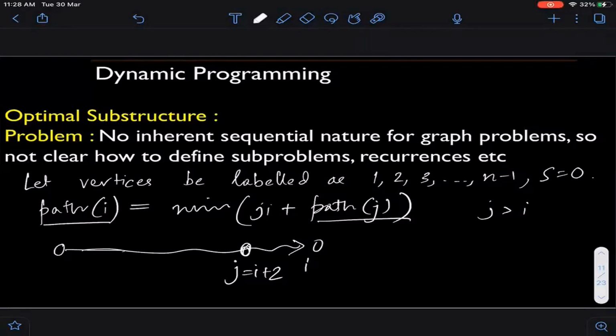So there was some monotonicity. The subproblem was decreasing. The indices were decreasing. But यहाँ तो it's all over the place because you have no way of knowing before what kind of vertices are there on the shortest path from S to I. So how are you even going to label the vertices so that your indices actually decrease? Okay. So you are not decreasing.